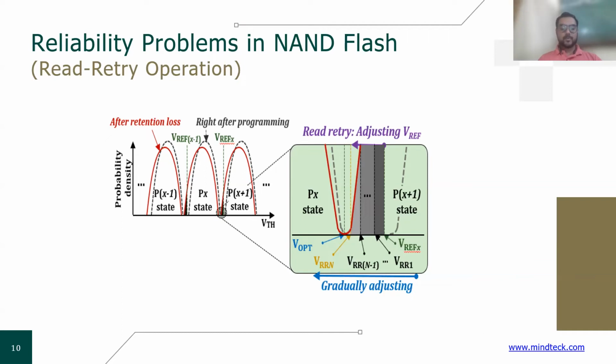To mitigate this read retry overhead, prior work has proposed various techniques basically aimed at reducing the number of retry steps by accurately predicting a voltage near the optimal value.